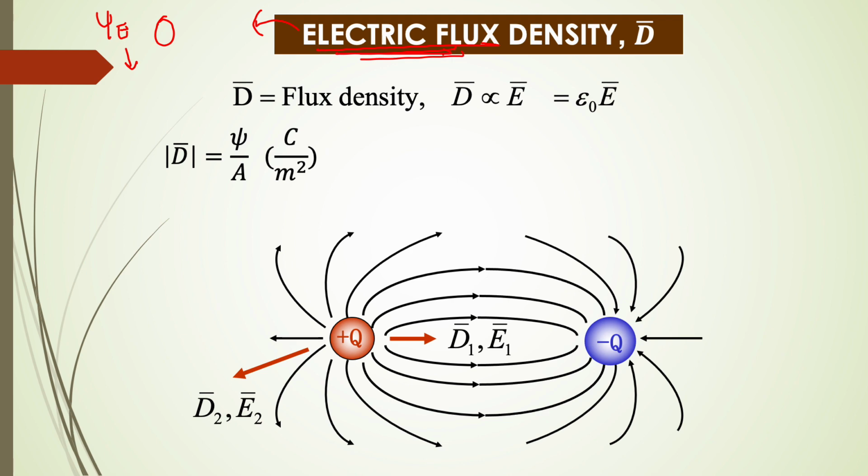Now there's a new term that will be introduced to you, which is electric flux density, and the symbol is given as D. Since there is an arrow above it, by now you should know that D is a vector. A vector must have a direction and also a magnitude. D represents the electric flux density, and in terms of proportionality, D is proportional to the electric field intensity.